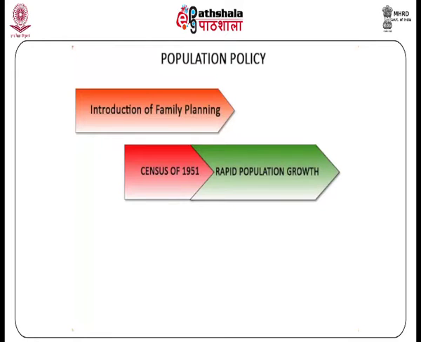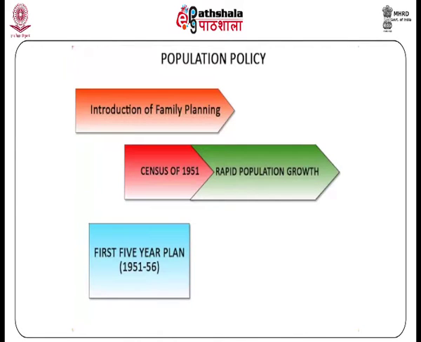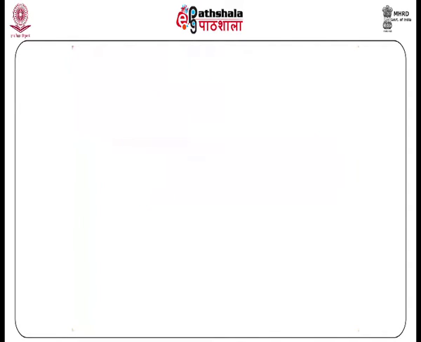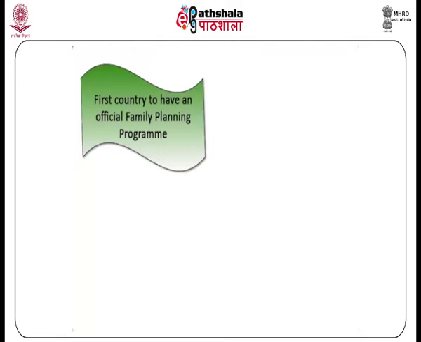As India embarked on a path of planned economic growth, the first five-year plan, 1951 to 1956, called for family limitation and population control. In 1952, India became the first country in the world to have an official family planning program, though the allocation for it was only 0.1 crore in the first plan.